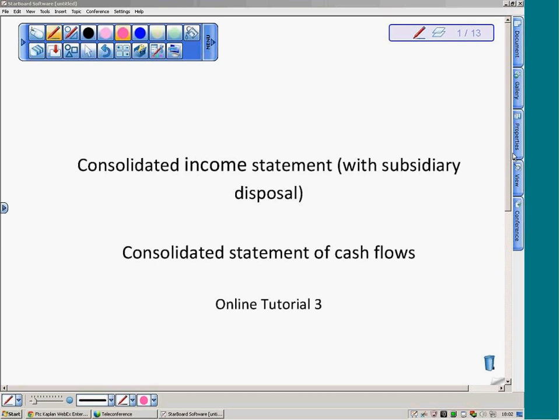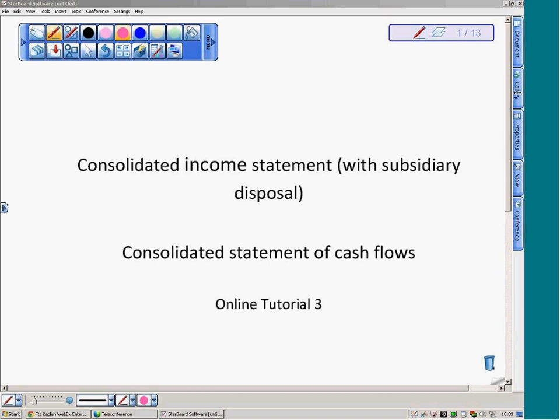Now, really the purpose of the online tutorial tonight is to practice exam-style questions for our group income statement and group cash flow. Remember, in your exam, you're looking at a syllabus weighting of up to 35% for groups. In the March exam just gone, the students did see 2 questions out of the 5 on groups.